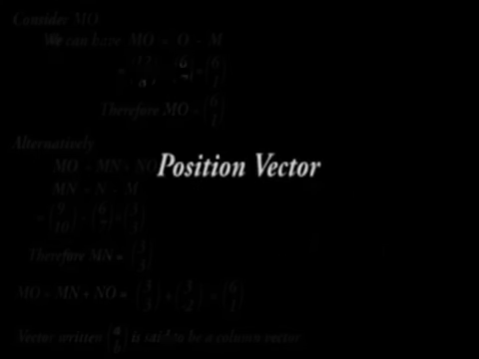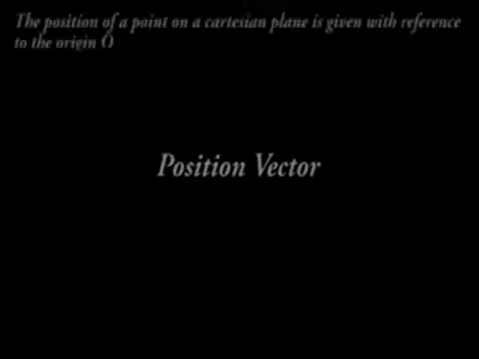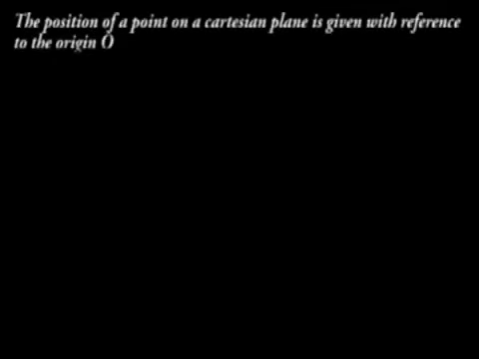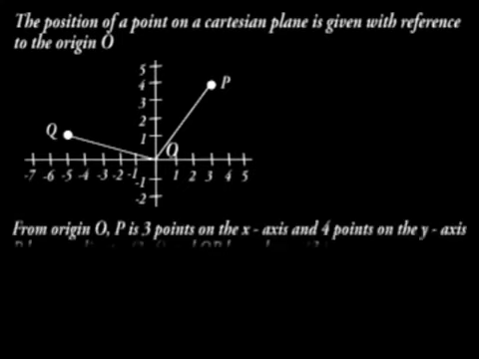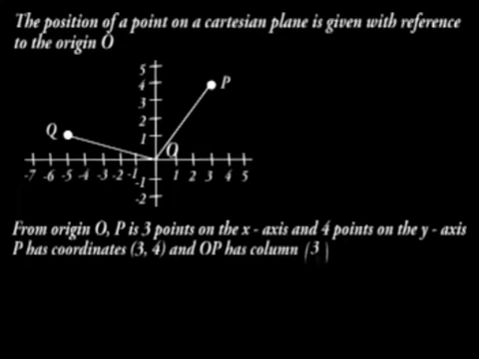Position vectors. The position of a point on a Cartesian plane is given with reference to the origin. Consider the Cartesian plane below. From origin O, P is 3 points on the x-axis and 4 points on the y-axis.